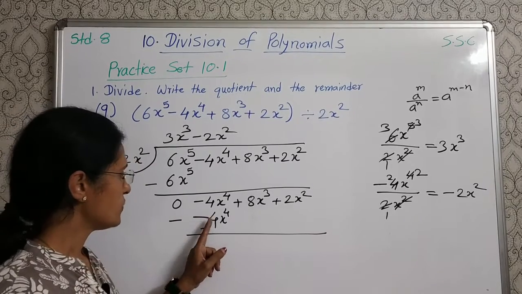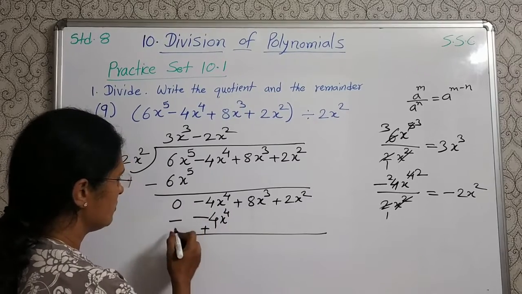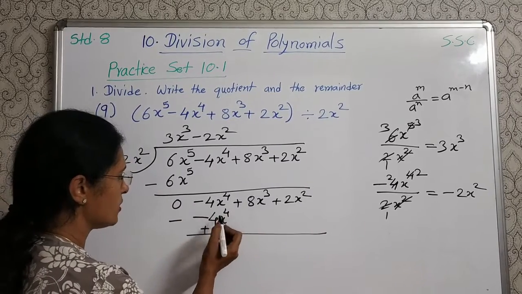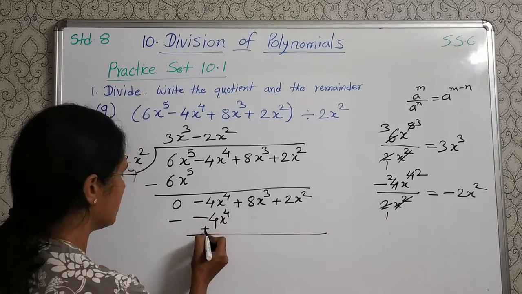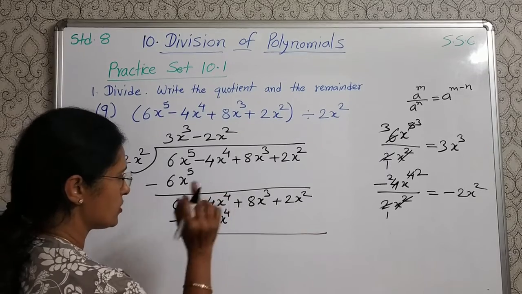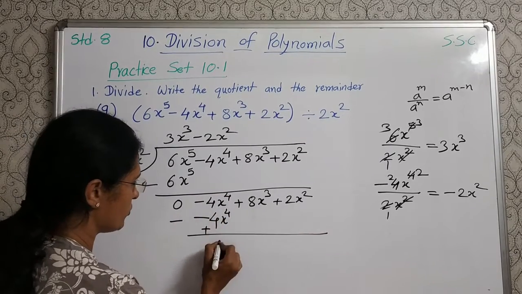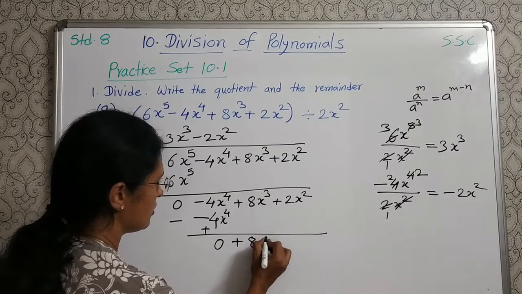Subtraction of minus 4x raised to 4 means addition of its opposite, plus 4x raised to 4. Minus 4x raised to 4 plus 4x raised to 4 is 0, and this will be the remainder. Write it down.